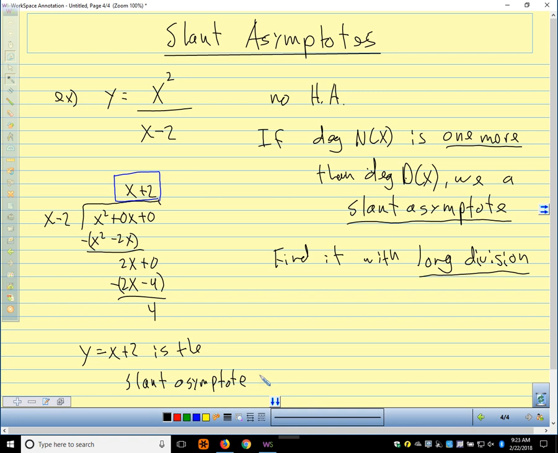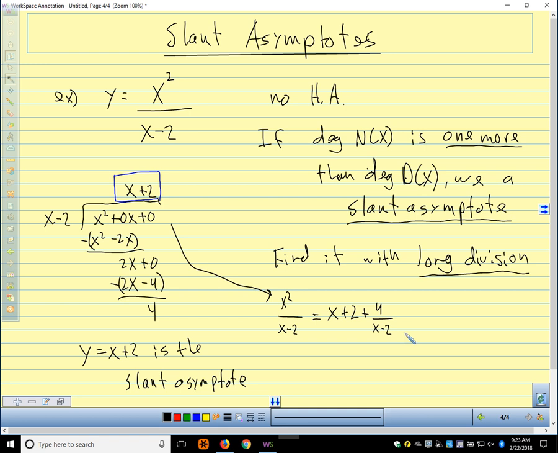And the reason is this tells us that x squared over x minus 2 equals x plus 2 plus 4 over x minus 2. As x gets really, really big, what happens to this fraction?